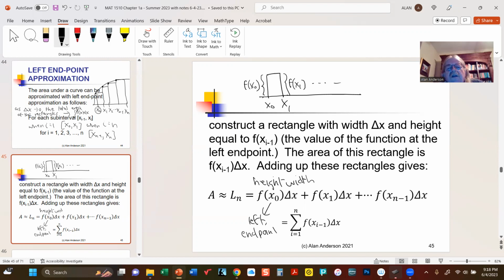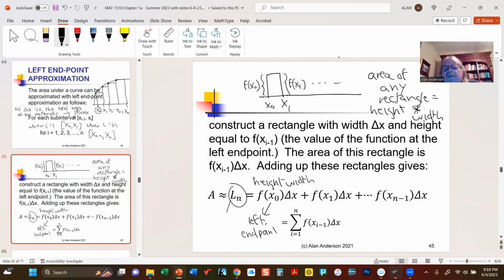And of course, as you recall, the area of any rectangle is the height times the width. So what you're seeing here is the sum of the areas of all the rectangles. They're calling it L_n. L stands for left, by the way. n is the number of intervals. So that expression up there can be expressed more compactly as this.